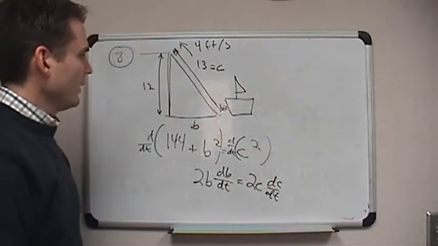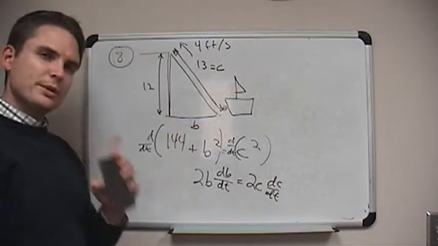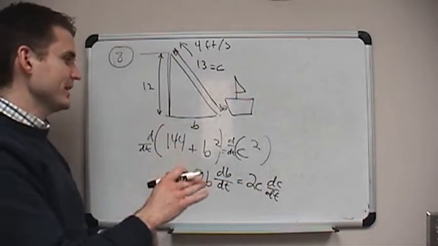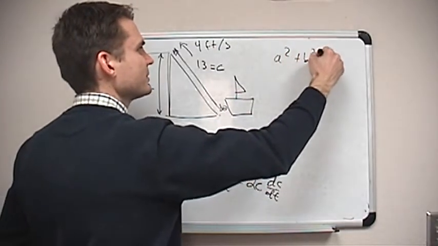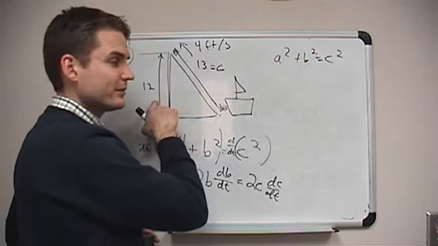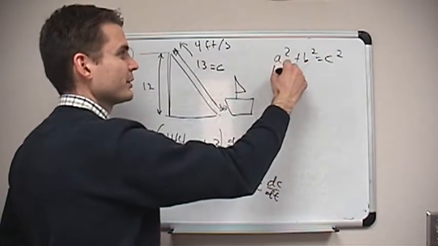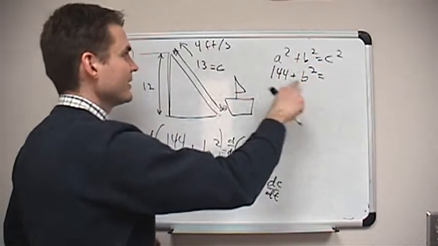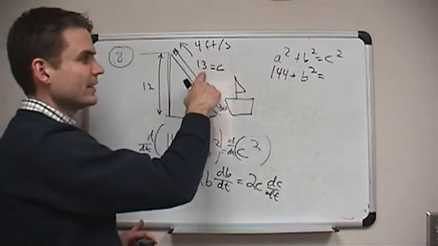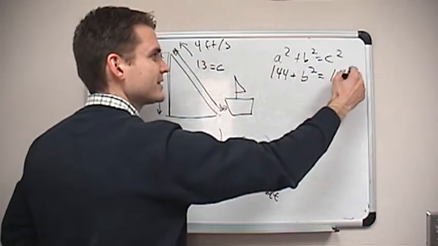So what are those things? At this one moment in time we're looking at, what is b? Well, from the Pythagorean theorem, a squared plus b squared equals c squared. a is 12 at this moment, so 12 squared is 144, plus b squared is equal to c squared. Well, c squared is 169.